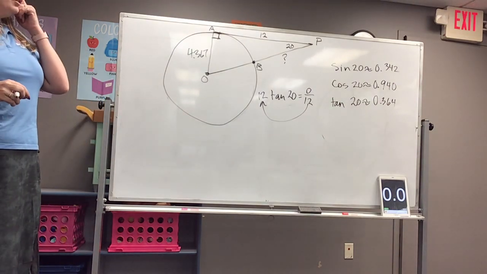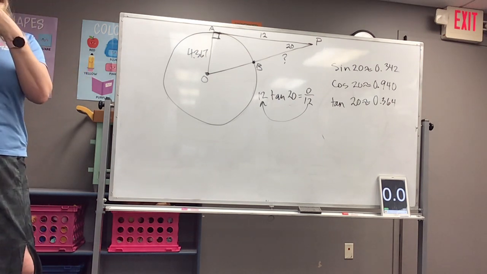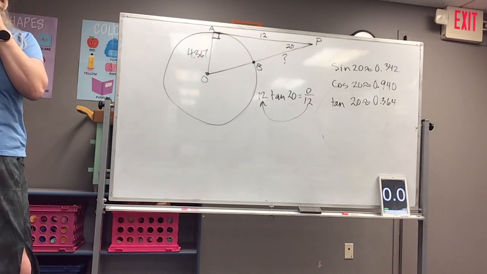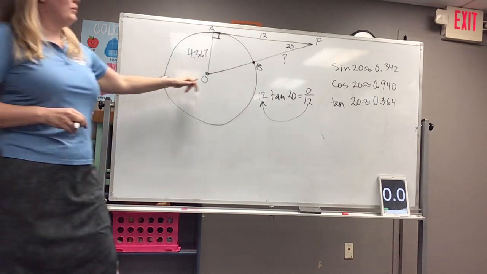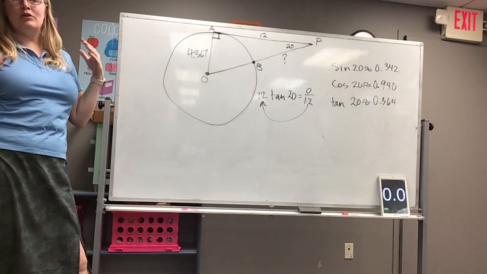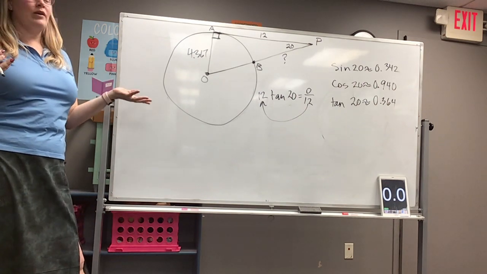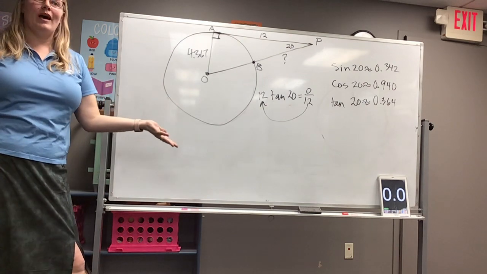All right, what should we do next? Find the length of OP. Yeah, we're looking for our hypotenuse. Great. Personal preference, I've had people who really like the Pythagorean theorem, and so the instant they know these two, they're going to dive right into that to find the hypotenuse.